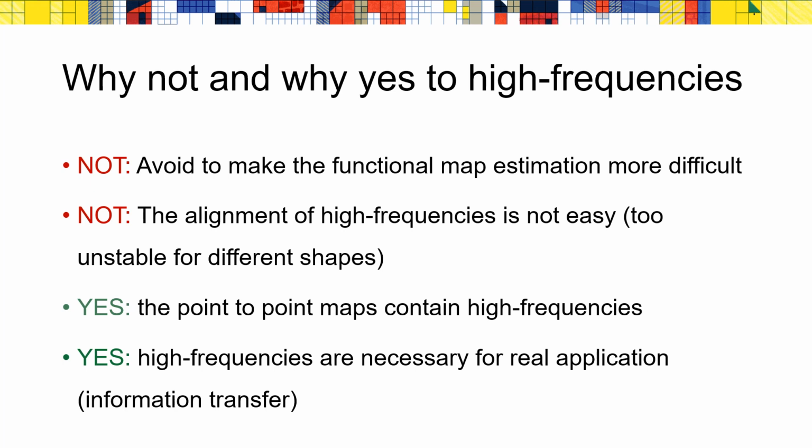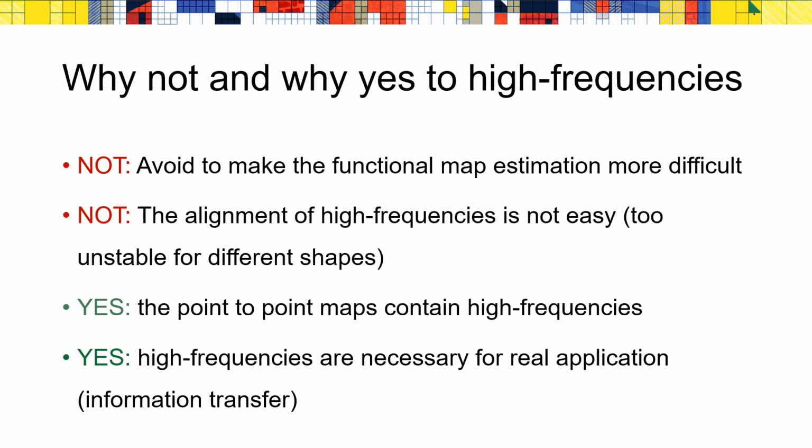So it's preferable to avoid it because it makes the functional map estimation more difficult due to the fact that the size of the functional map is bigger if we would use also high frequencies. And the second reason is that the alignment of high frequencies is not easy. Also for near isometric shapes, the high frequency Fourier basis functions are quite different.